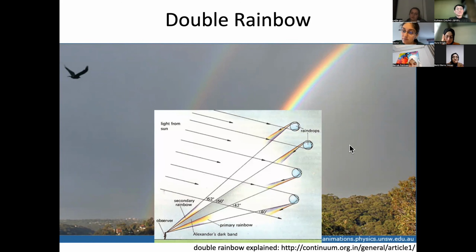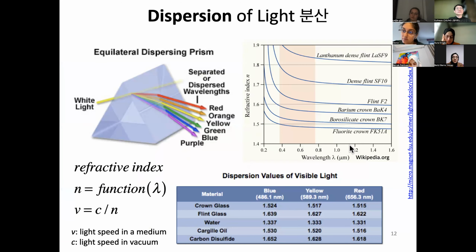All of this comes from dispersion of light, meaning that the speed of the light can be different in different media. For example, you all probably know that a light prism can split the light into various colors.